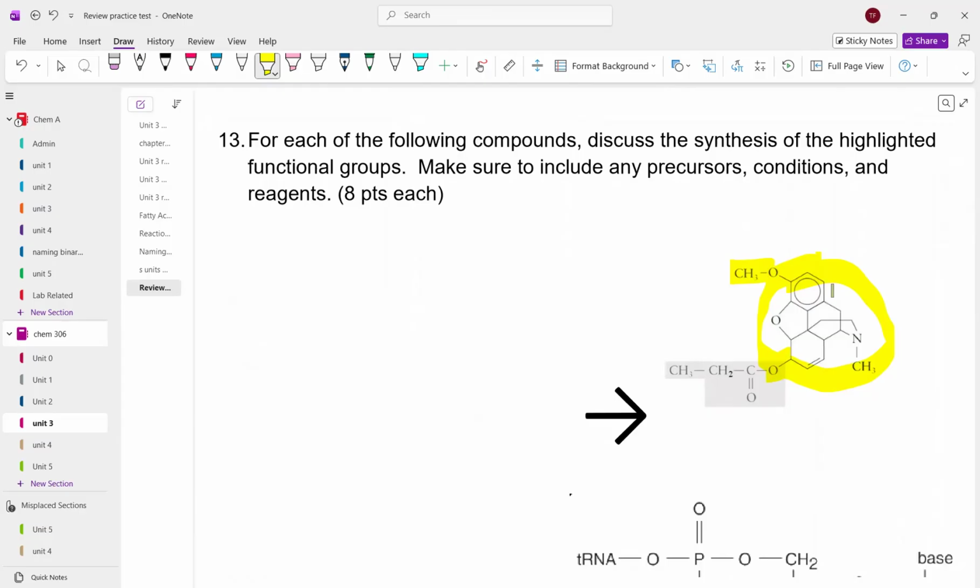Okay, so we want to make this grayed out piece. So we're going to start with this big giant molecule.